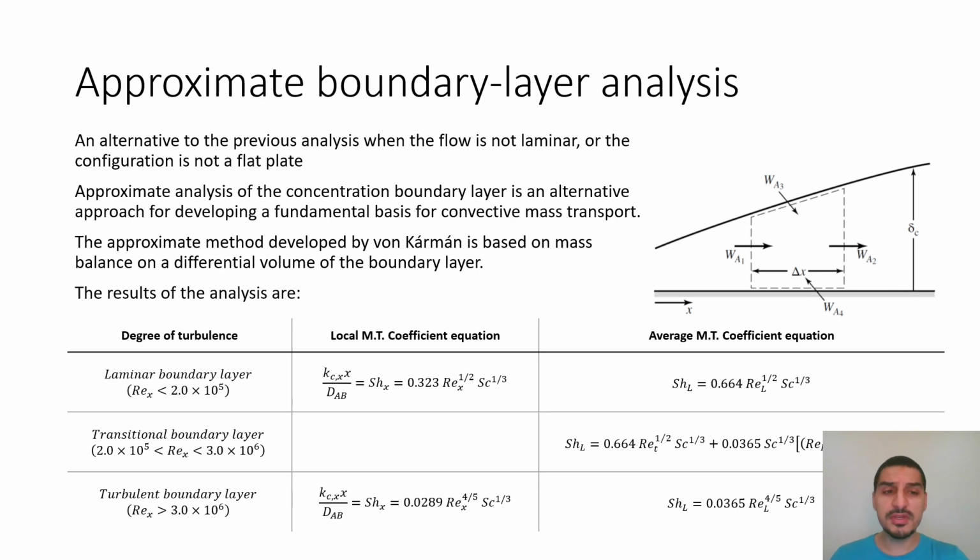But in this case, it's based on another method of analysis, which is the mass balance analysis. So what we do in this method is that we take a differential volume of the boundary layer. We do mass balance on this differential volume with the thickness or width delta x, and we see how much mass or the rate of the species A going into this control volume, and the rate of species A going out of the control volume from up and down and right and left.